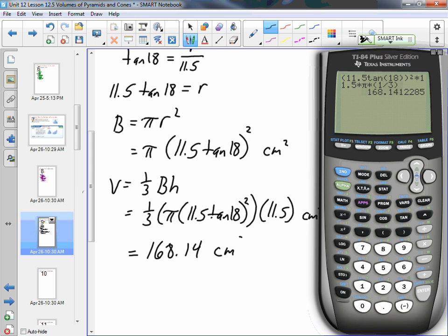168.14 cubic centimeters. Now, I hope it's obvious that on a problem like this, I'm not going to be grading you for an exact answer. So if you've got it, use your calculator the way you need to use it to get that answer. And you need to get better at using your calculator. Lots of you have really expensive calculators that do lots and lots of stuff.